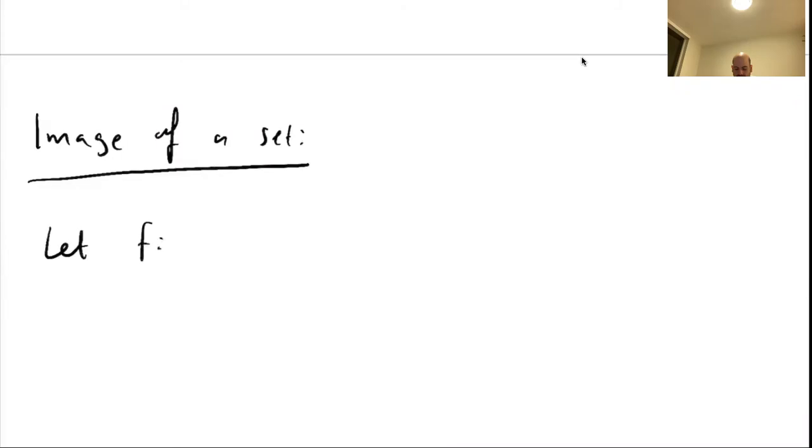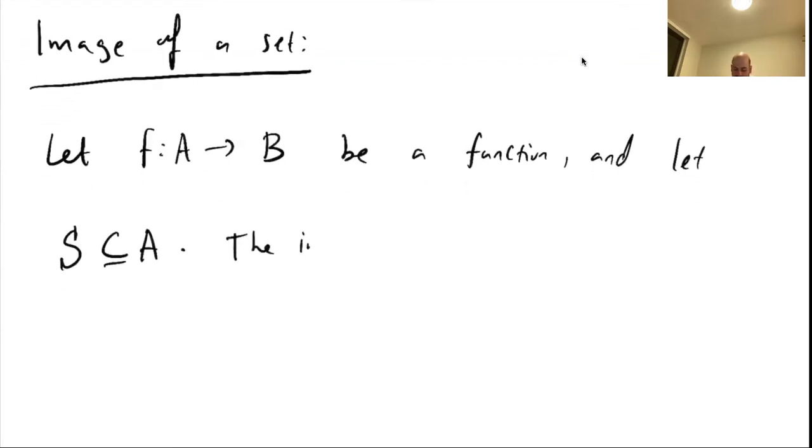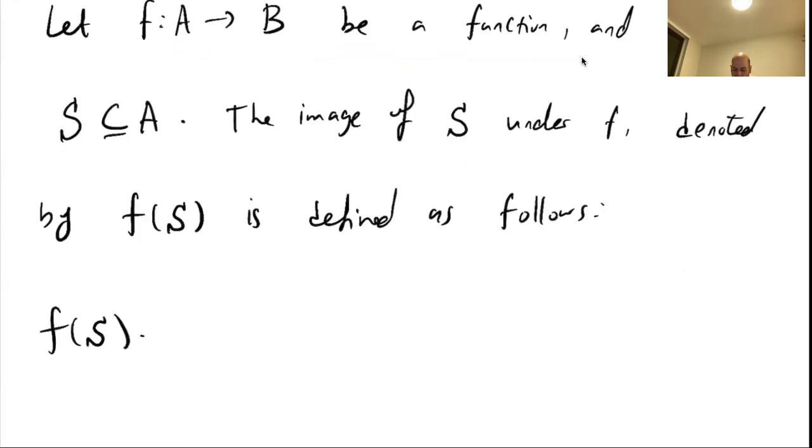Let f from A to B be a function, and let S be a subset of A. The image of S under f, denoted by f of S, is defined as follows. f of S is defined as the set of all elements of the form f of a, where a comes from S.